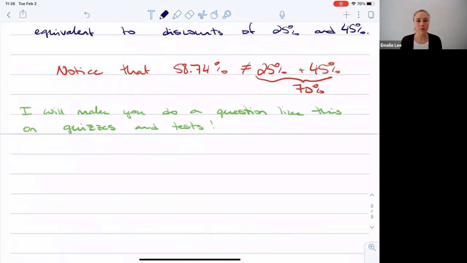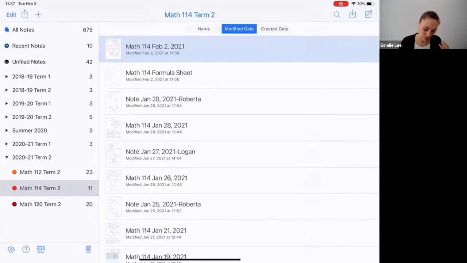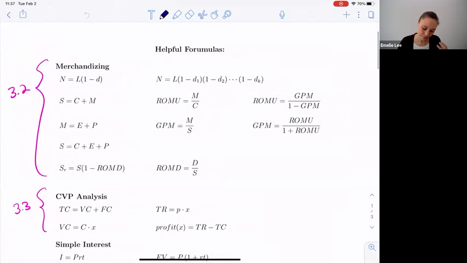So if we move through our formula sheet, right, some of the letters or variables, as they're called, that we'll see: S, we're going to see C, we're going to see M, E, P. So what I want to do is, and we can go back there, right? We're seeing S, C, M again, E, P, S, C, E, P. Hey, this is all just a bunch of the same stuff, right?